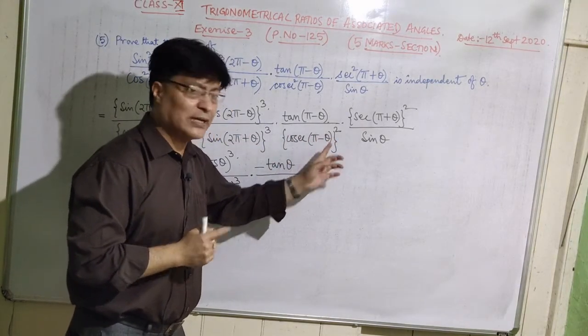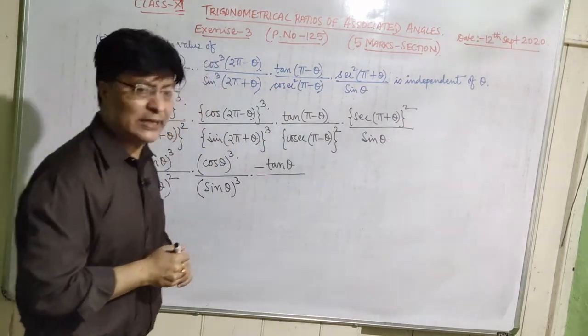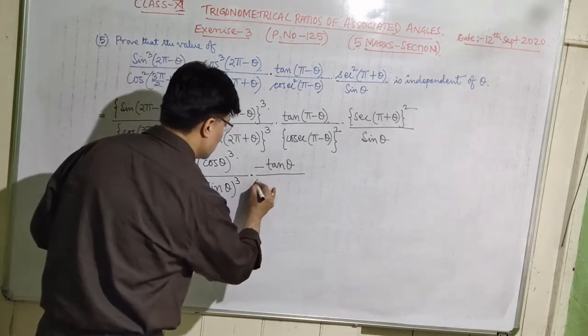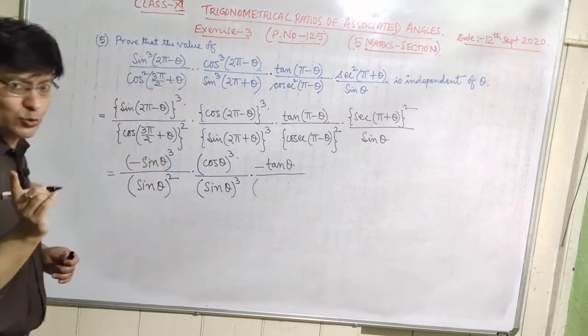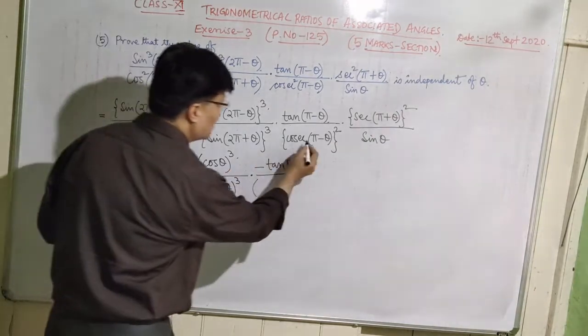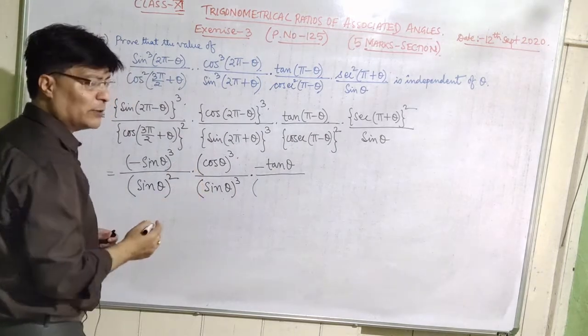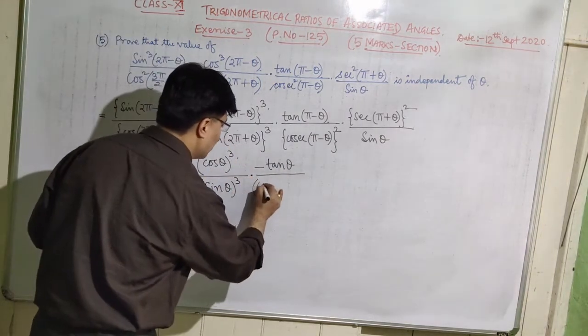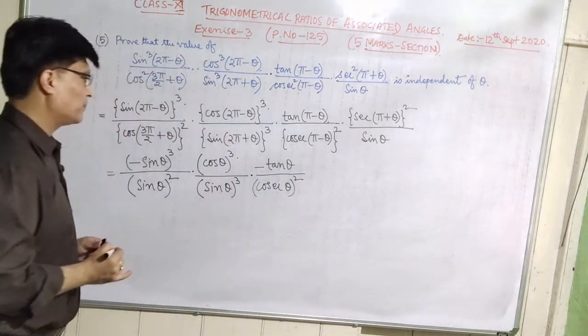Pi minus theta lies in the second quadrant, where cosec is positive, and we usually don't write the positive sign. Since 180 is an even multiple of 90, cosec remains same. So it is cosec theta whole square.